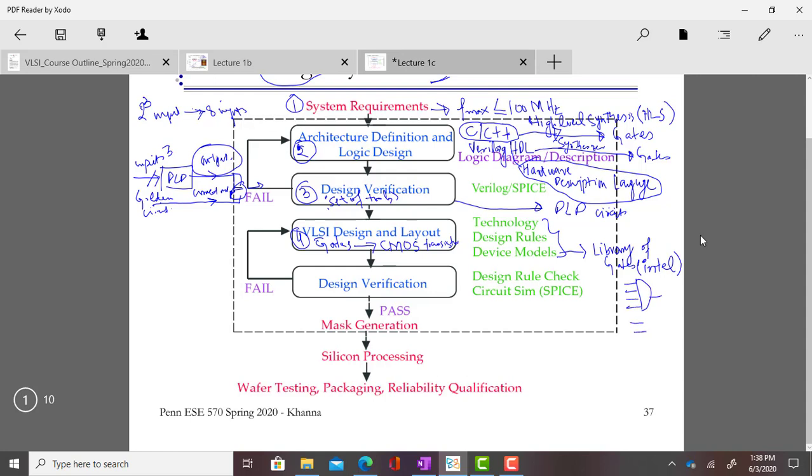It may have a 2 input XOR gate, but maybe no 4 input XOR. If you want to make a 4 input XOR, you have to use multiple XOR gates. So this is the concept of a library.